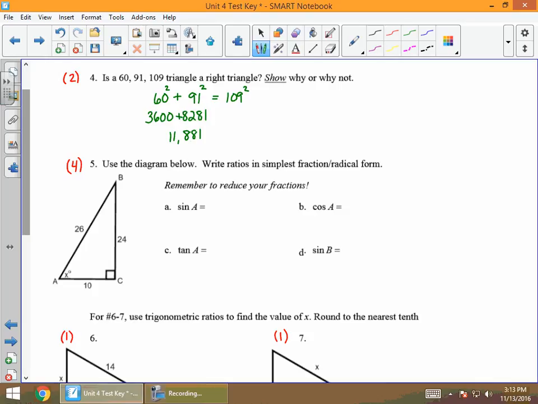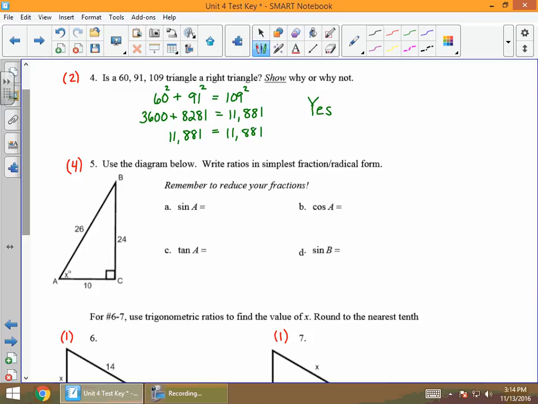And my question is, does that equal 109 squared? Well, if I do 109 times 109, I get 11,881. So yes, the 2 are equal. So yes, this is a right triangle.